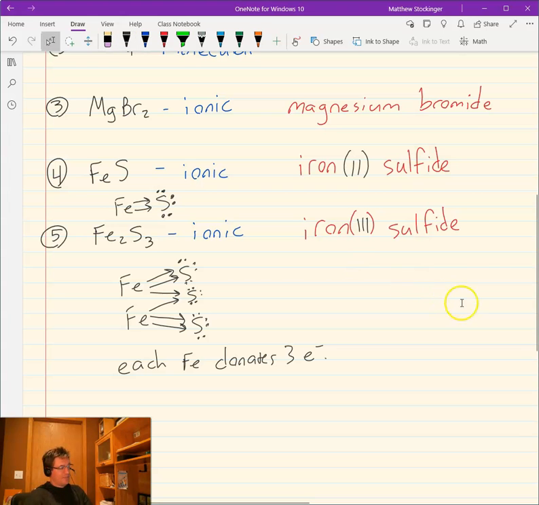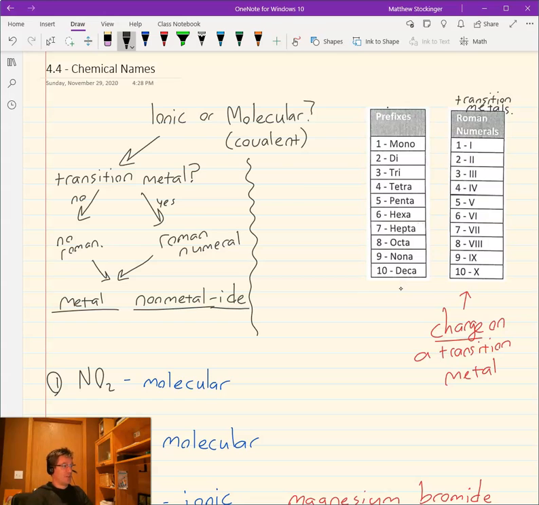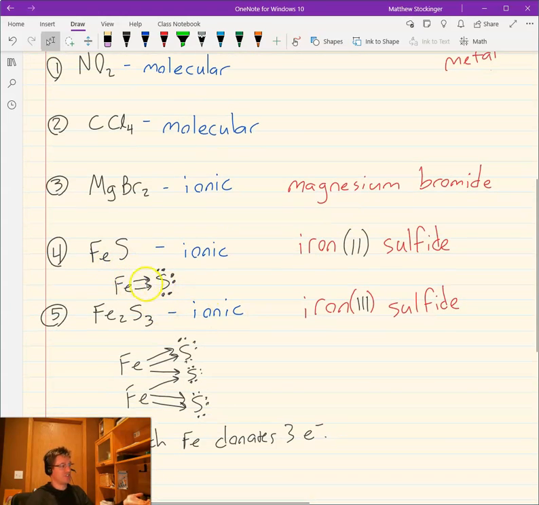Hope that makes sense. Now to add to the complexity, we're not actually done. I've only done the ionic side. Let's do the molecular side. If it is molecular, use prefixes. You see, ionic compounds have ions. There are charges, right?